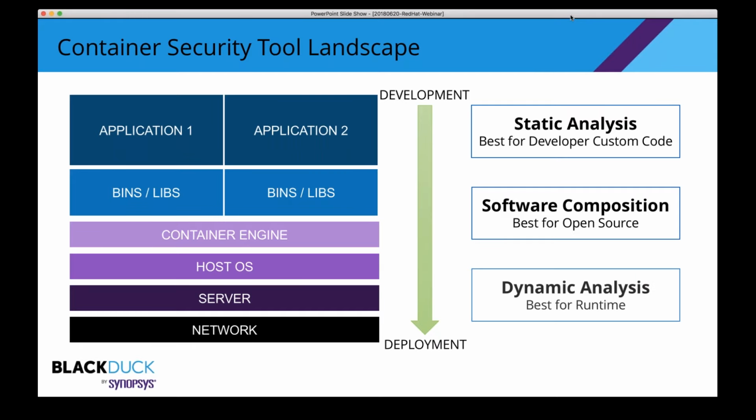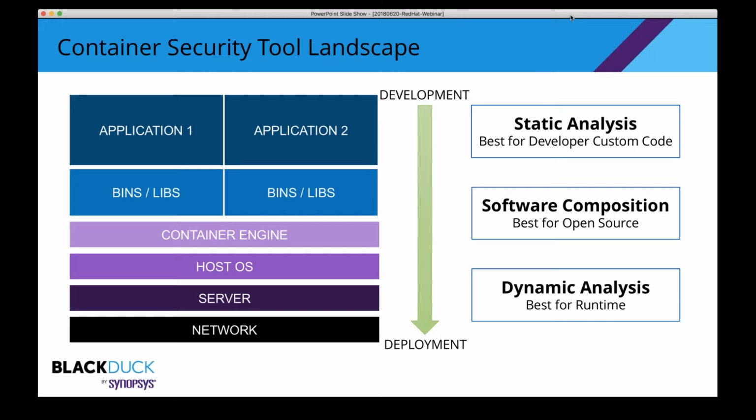And then the third category is dynamic analysis or sort of runtime tools that can take a look at your running application and see if you are exploitable or can prevent access to your running applications or containers.